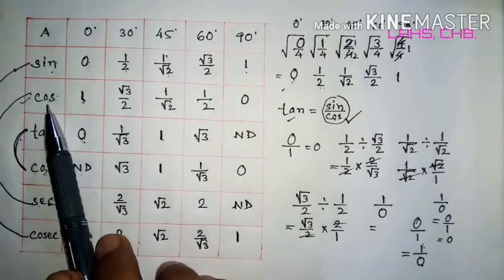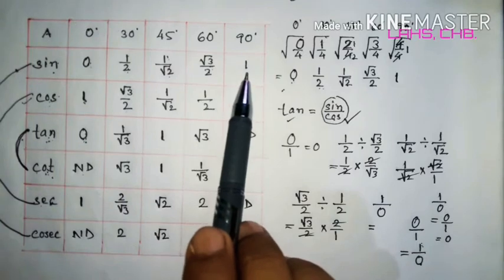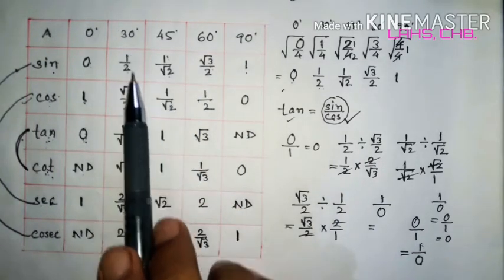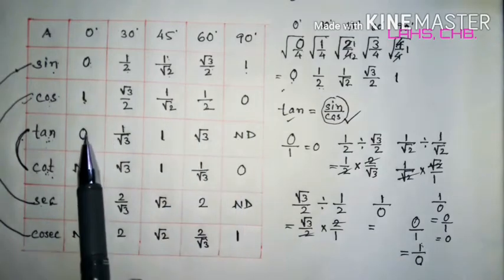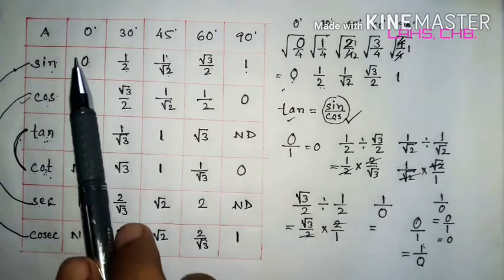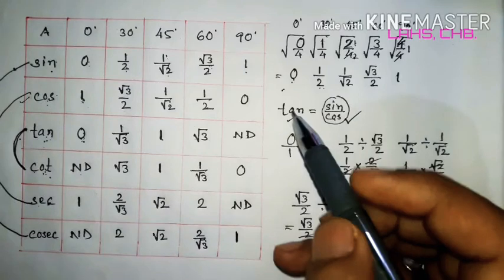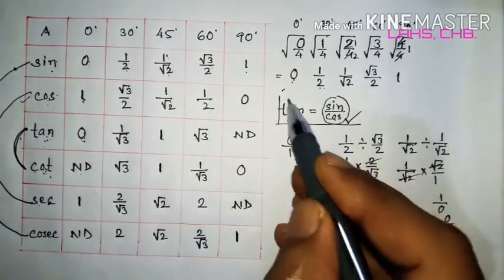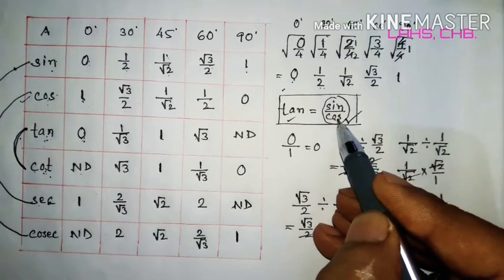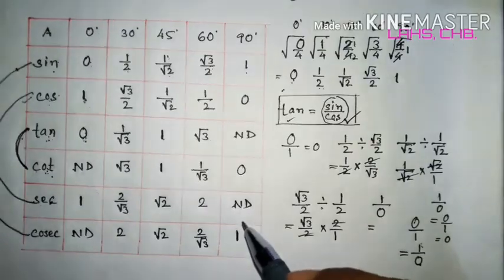And in order to obtain the cos values, just reverse the order in this way: 1, root 3 by 2, 1 by root 2, 1 by 2 and 0. And the tan ratio can be obtained just by dividing the sine value by the cos value. I have written the formula here. In order to obtain the tan value, we need to divide the value of sine by the value of cos. Hence, in this way we can easily obtain it.